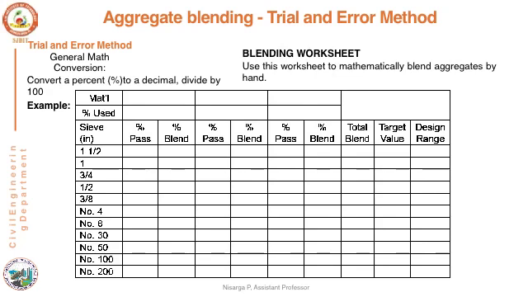For example, I have three aggregates that need to be blended: aggregate A, aggregate B and aggregate C. After doing the sieve analysis or obtaining the gradation, we need to write down the percentage passing of aggregate A under each sieve size. Similarly, we write the percentage passing for aggregate B and aggregate C.